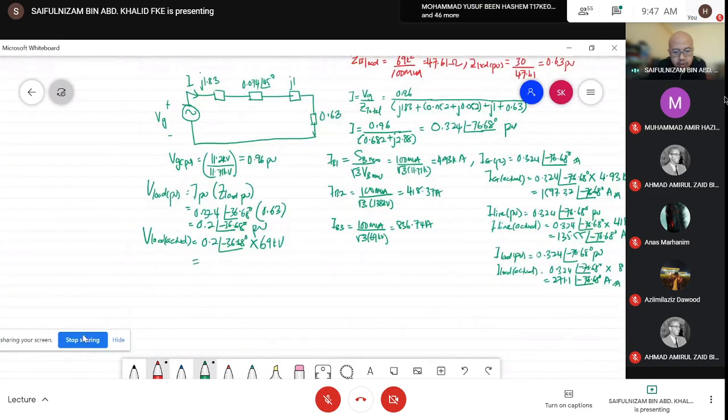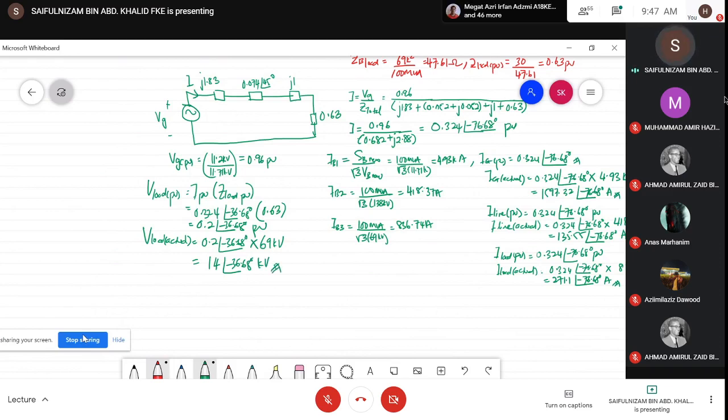So you should get 14 kV, this one in per unit. And then the power consumed by the load.